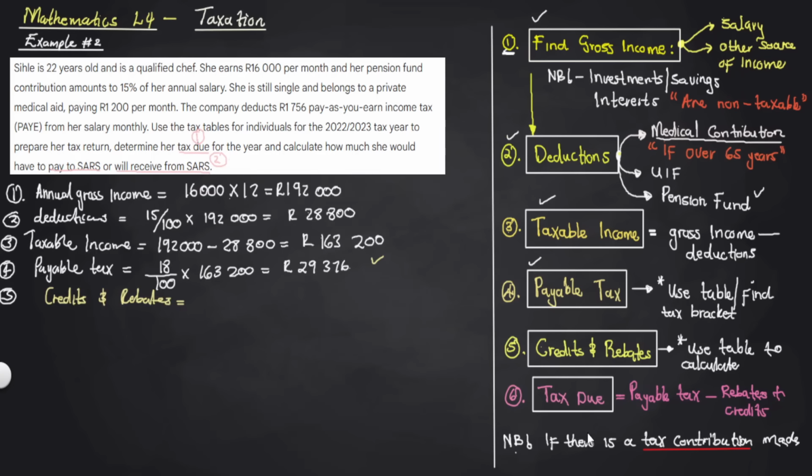Okay, perfect. So it's 16,425 plus, she is 22 years old and is a qualified taxpayer. She's making a contribution of 1,200. That is why we don't consider the 1,200 per month, because she's under 65 years old.